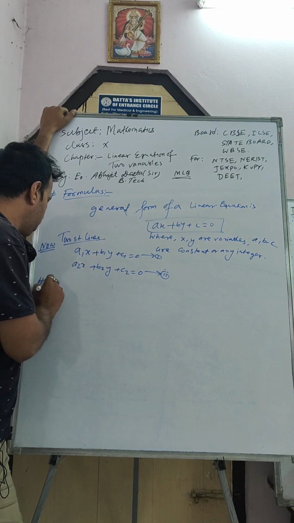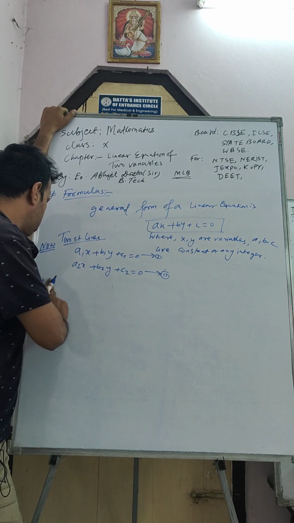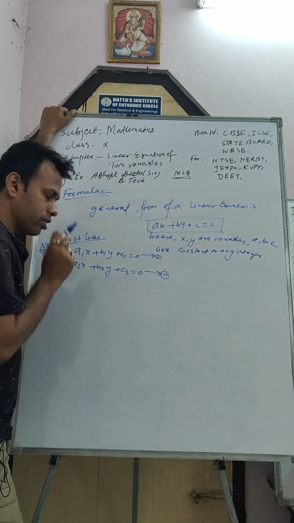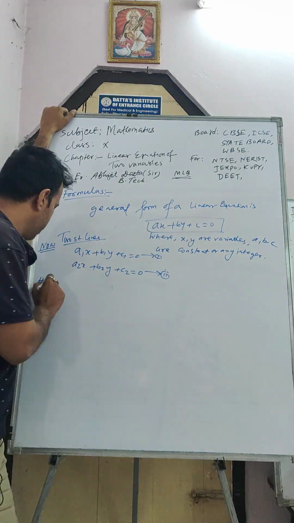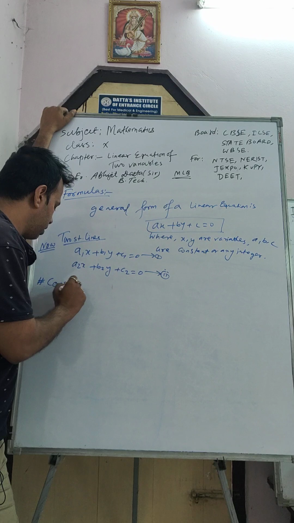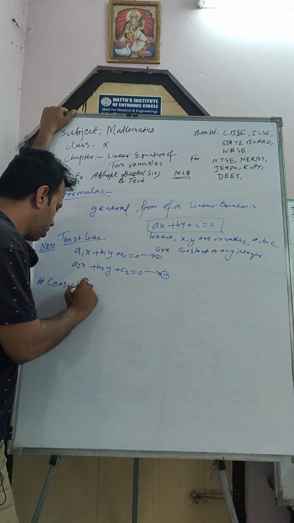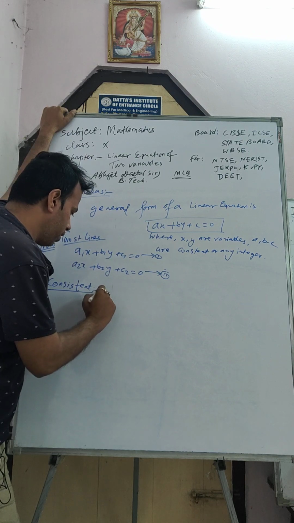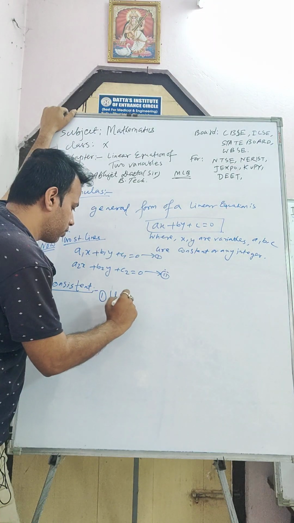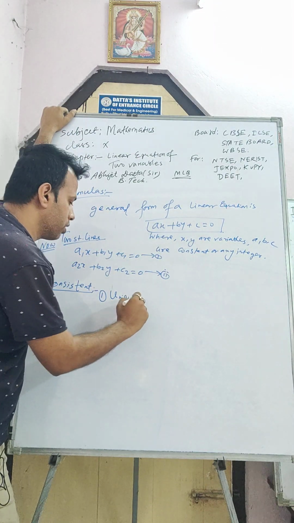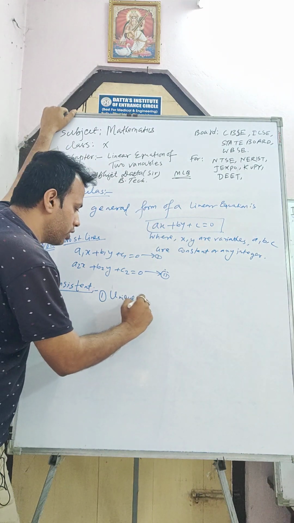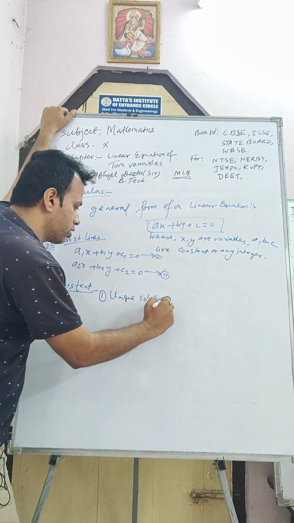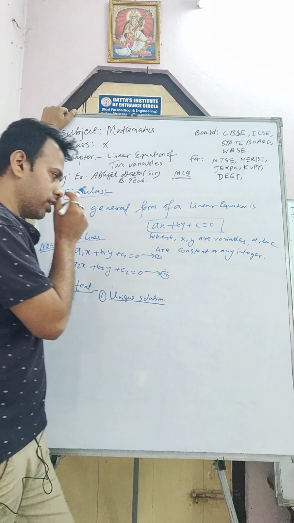Now there are three conditions. Unique solution: two straight lines are said to be consistent when they have a unique solution. If there is a unique solution, then they are said to be consistent.